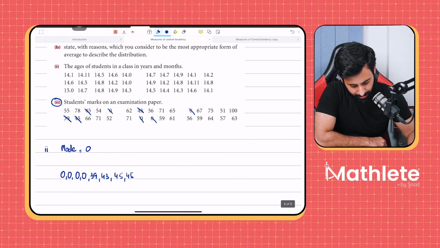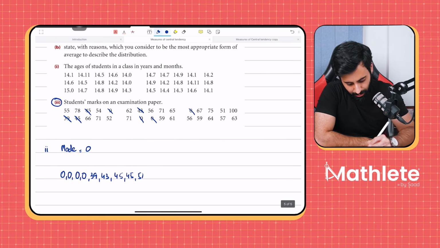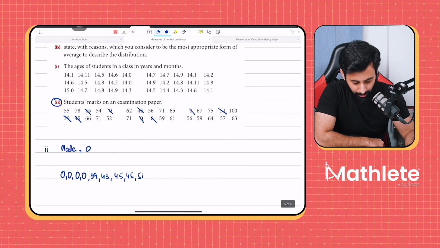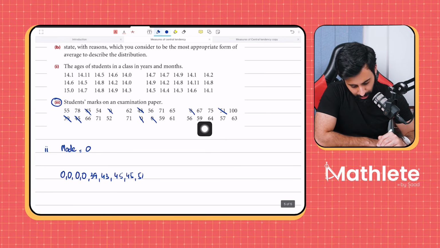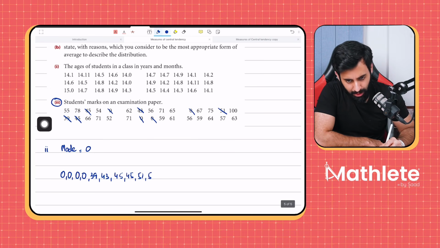After 45, any value in 40s? Nope, it's 50s. So I think we have 51. Yeah, 51 once. Do we have any other 51? No, we don't. After that, we have 52. Do we have 52? Yeah, here it is.